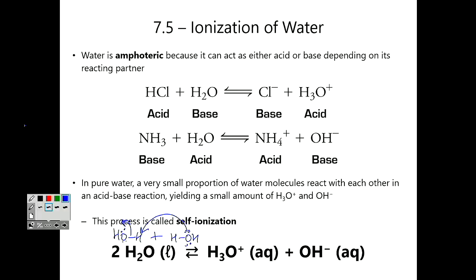The one that lost the proton became hydroxide. So technically it's two water molecules reacting with each other. They're in the liquid state, right? And then they produce hydronium and hydroxide.